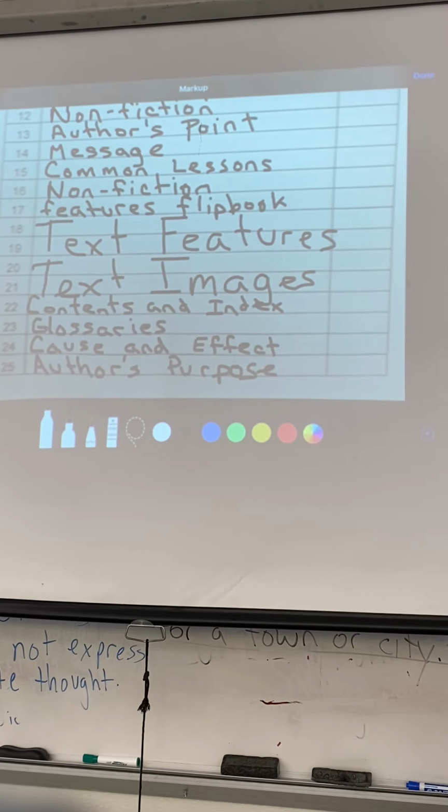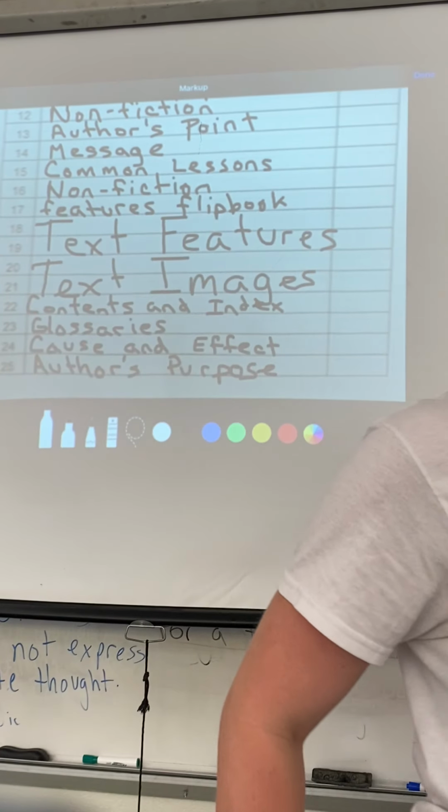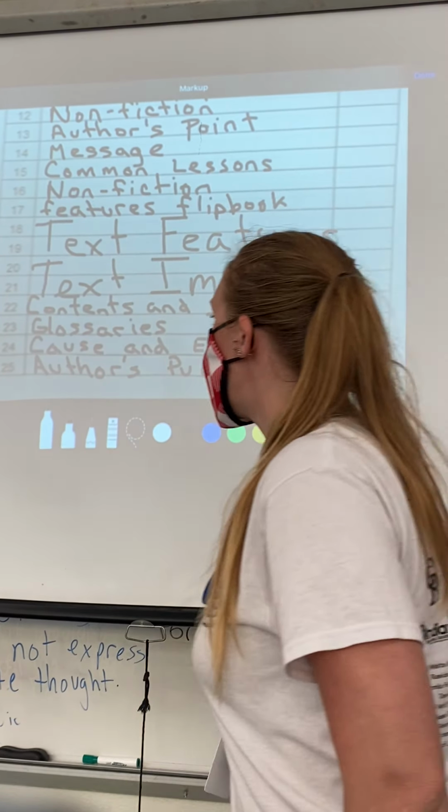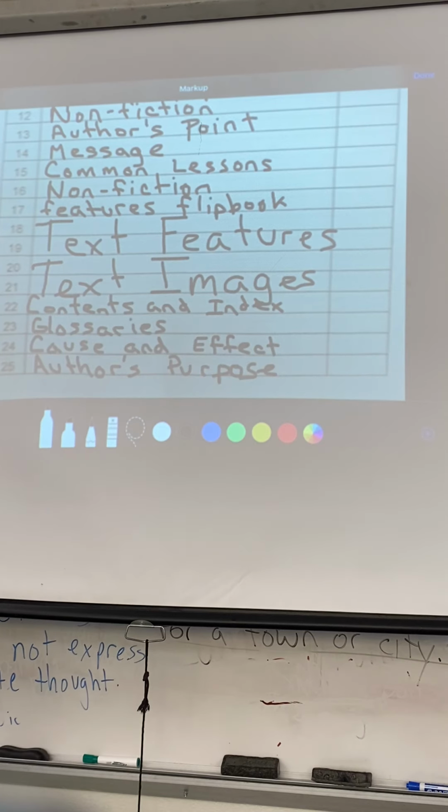So go on to 26 and you'll write author's purpose there. Okay, so again on that one that was author's purpose, on that next one. We will be going to the next page of our table of contents in just a moment. Just giving some people some time to write based off of what I have.